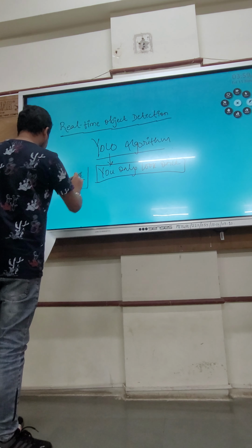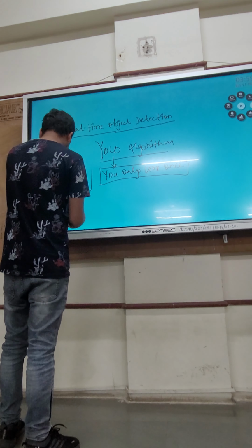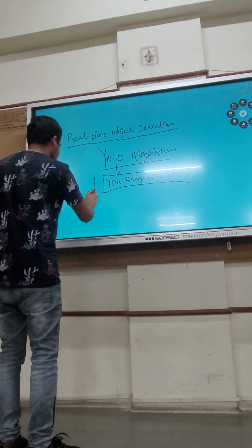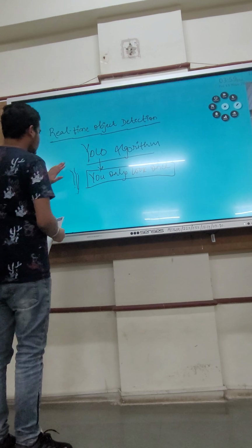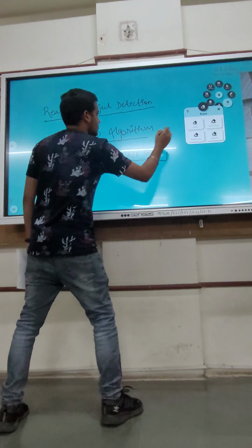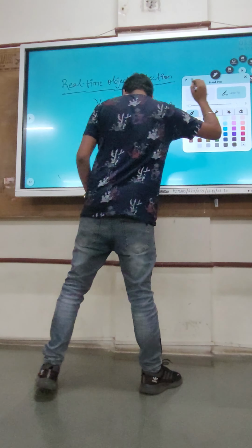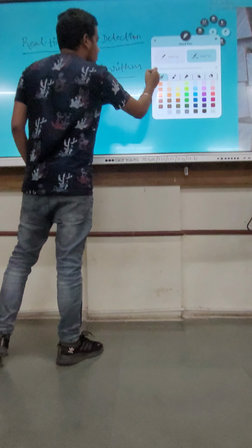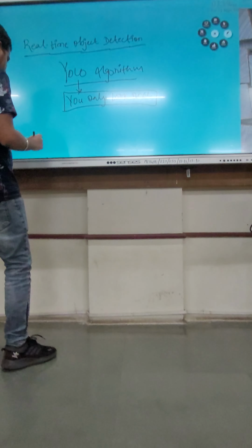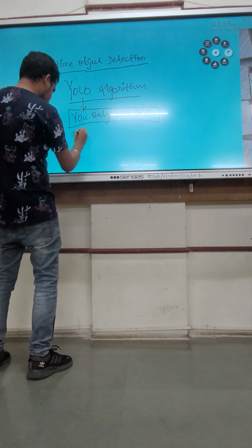So now moving ahead, as we already know, it is real-time object detection. We should know how it is detected and how this is used for detection. So we will now see how this detection works. For the working process, there are three steps.